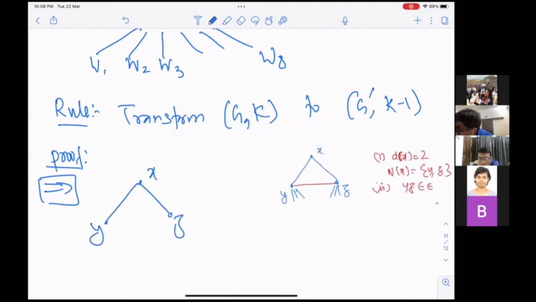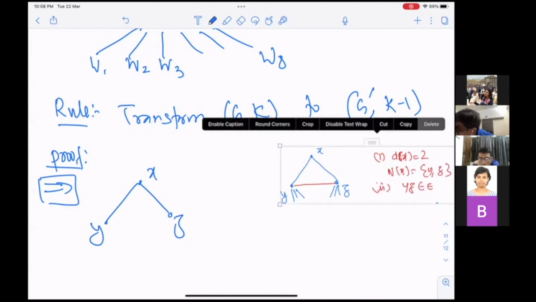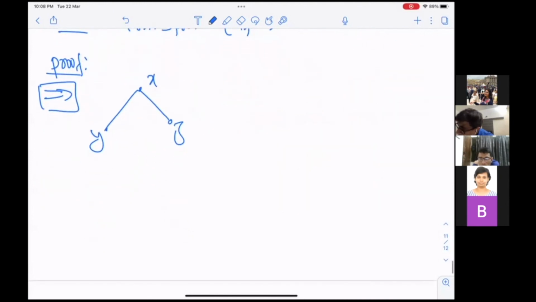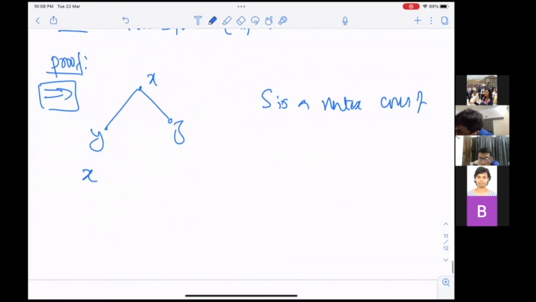Notice, so suppose S is a vertex cover of G. X belongs to S, right? If X belongs to S, then what do you know?